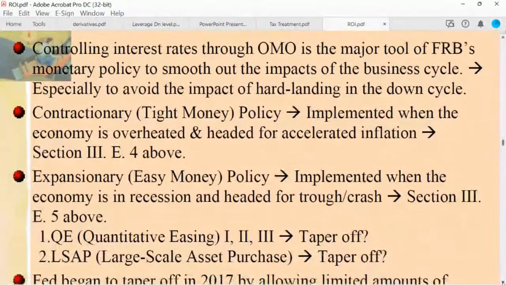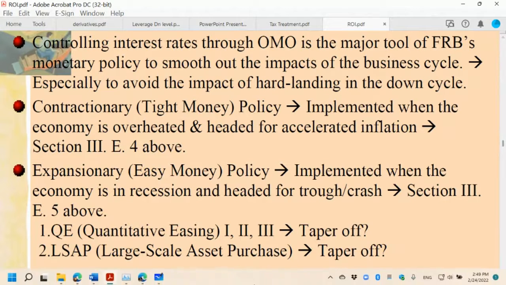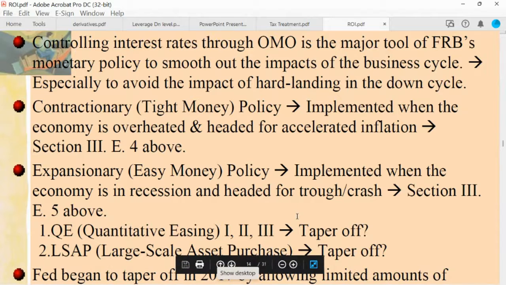We're out of time. So monetary policy can go either way. In other words, expansionary or contractionary, right? Expansionary means increasing money supply to stimulate the economy. And to achieve this, you will have to lower the interest rate to make the borrowing easier, right?